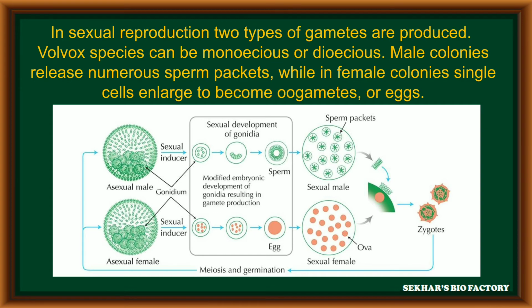In this method, the two types of gametes are produced from either a single Volvox or two different Volvox. That means it is monoecious or dioecious in nature. Male colonies release numerous sperms in the form of packets, but the female colony develops a single enlarged oogamete or egg cell.